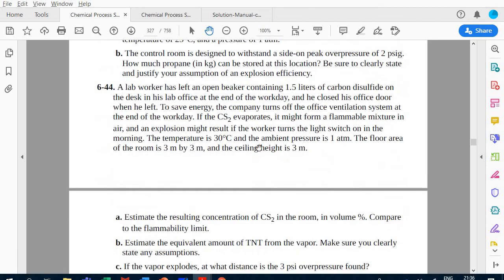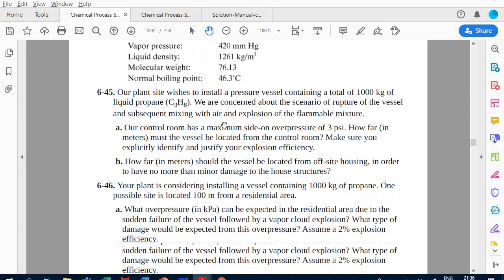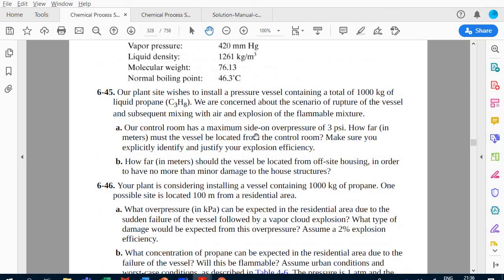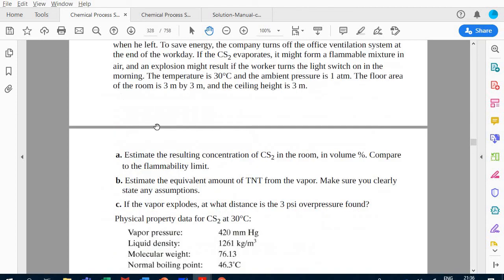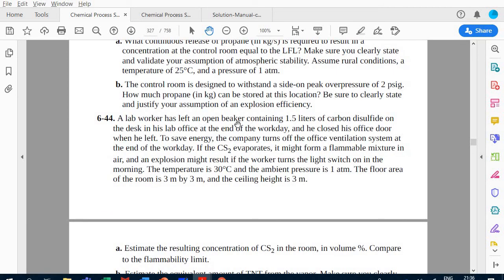For this chapter, you will be given how to solve 6-44 and maybe 6-45. They are very beautiful problems. 6-45 is talking about propane, and 6-44 is talking about another compound.